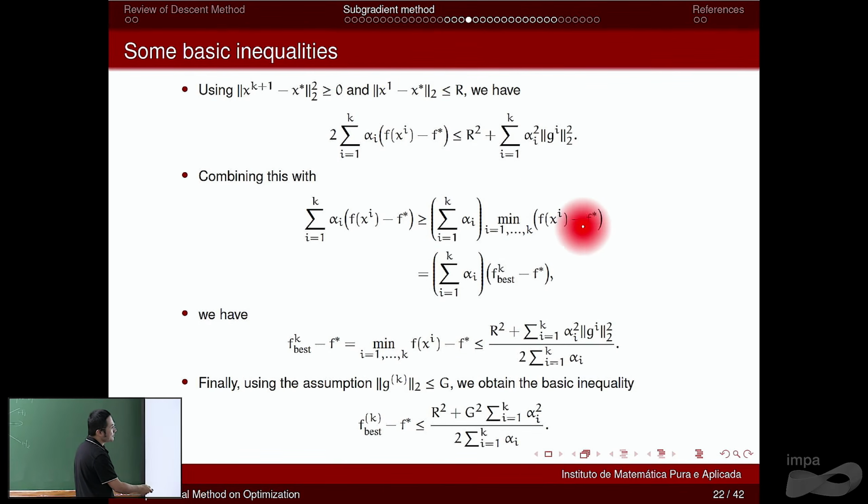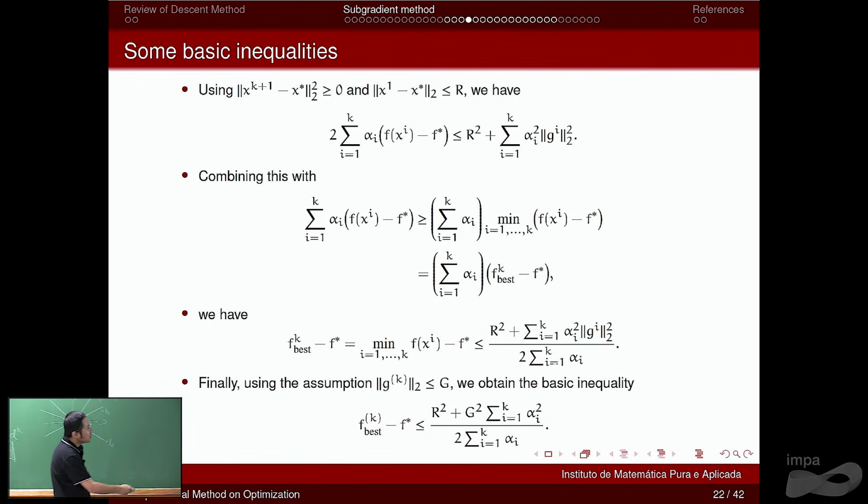So it's just a minimum of f of xi from i equals 1 to k, you have the f k best. Okay, so the summation of alpha i times f of xi minus f star is greater than the summation of the step size times f k best minus f star.